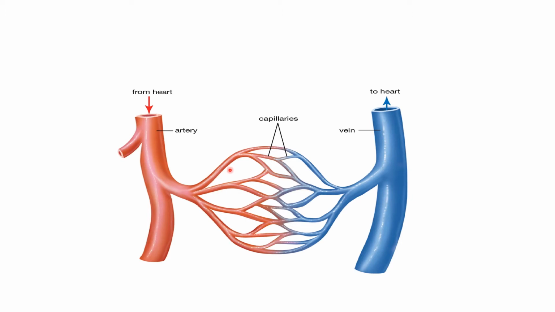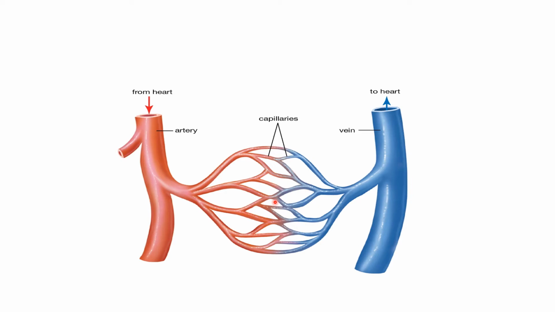You can see these are capillaries in between, and these are connected one side with the arteries and one side with the veins. These arteries deliver the oxygen rich blood to the capillaries, where the actual exchange of oxygen and carbon dioxide occurs.